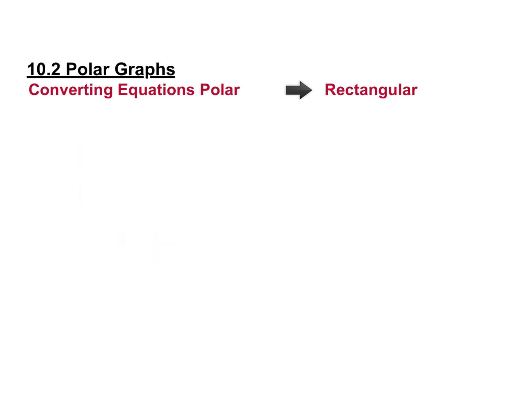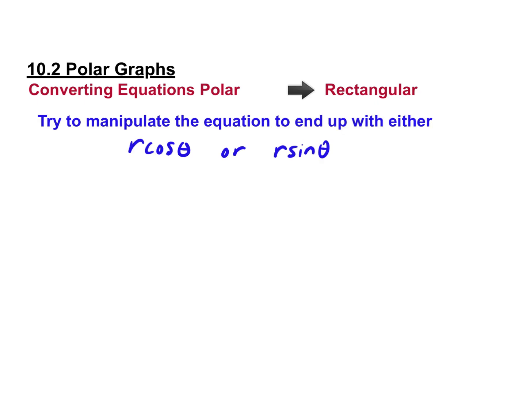Let's go the other way. Polar to rectangular. Let me give you a hint about what you should be doing, okay? You're trying to manipulate the equation to end up with either an r cosine theta or an r sine theta.